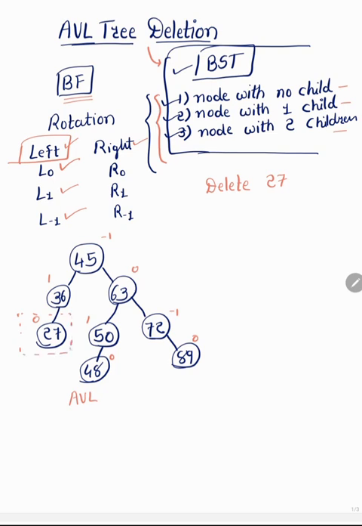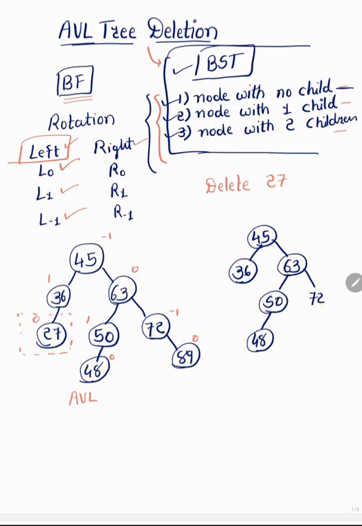After deletion, it's a leaf node, I have taken a leaf node only, so you can directly go with node with no child and delete that particular node. So what I'll have is 45, then 36, then 63 over here, then 50, then 48, then 72 and 89.